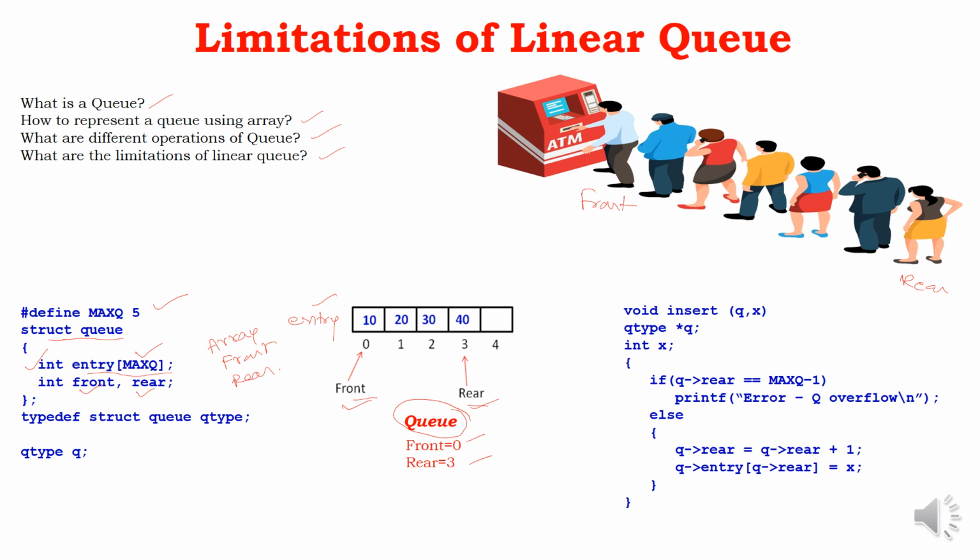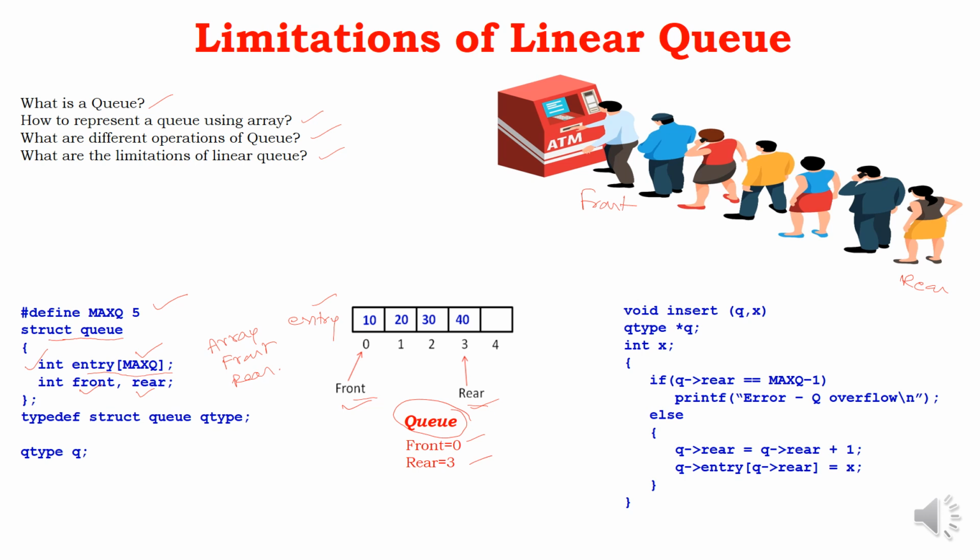Now queue is a data structure which is having an array, that is the storage of data items, and the procedure is we insert an element at the rear position and we delete an element from the front position, so we maintain the positions of front and rear always. So the collection of entry, front, rear is called queue.